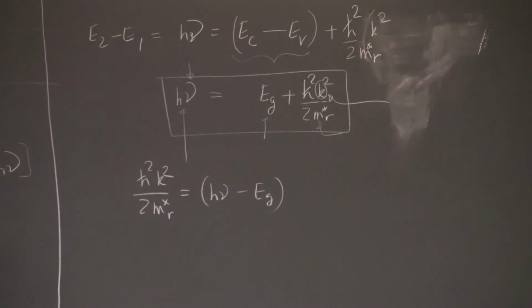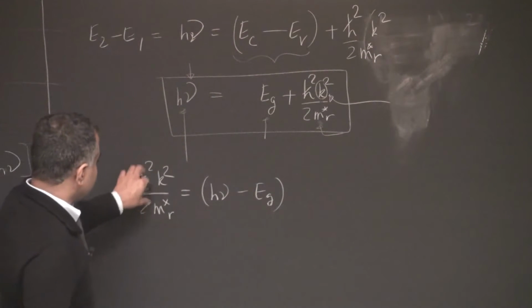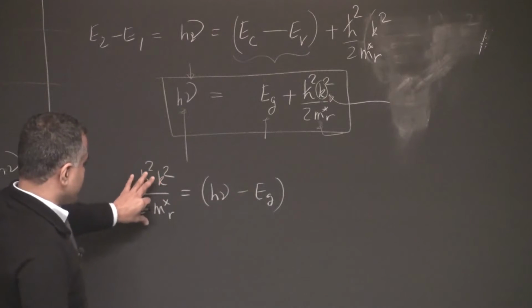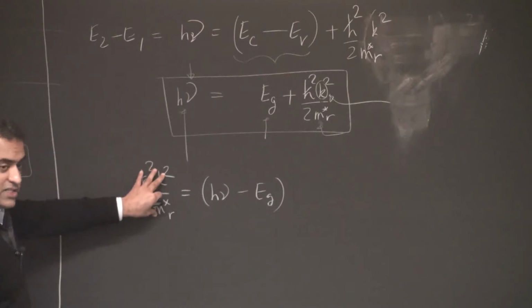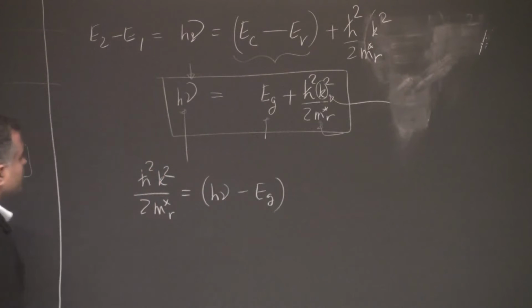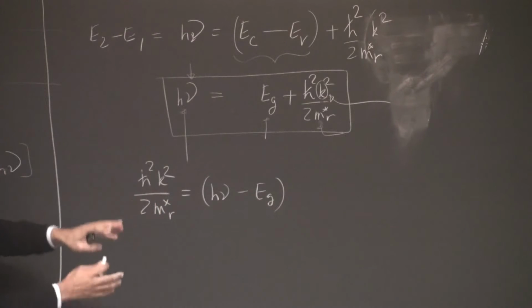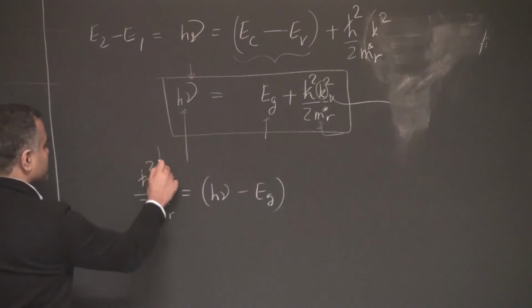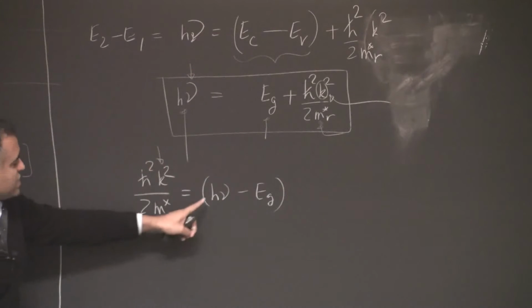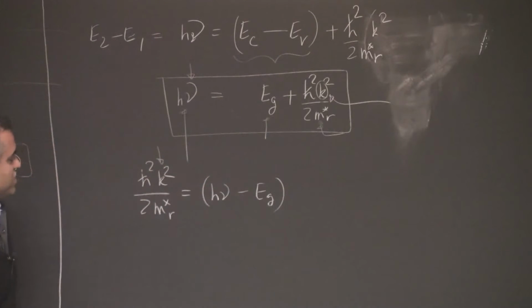Right away you can see that this is a net energy term, and it's a square, so it's positive. So there's a restriction on the number of K states, K starting from 0. So how many K states actually allow for a transition that has this relationship?